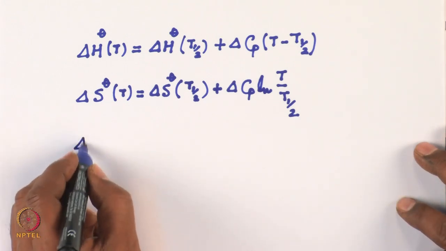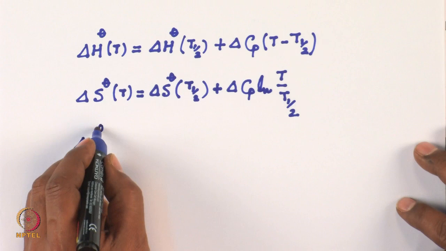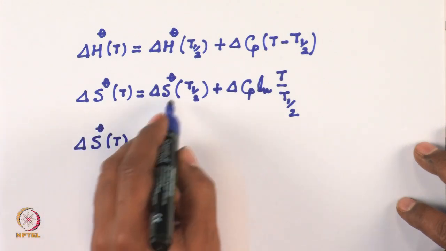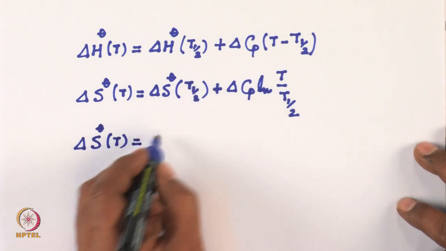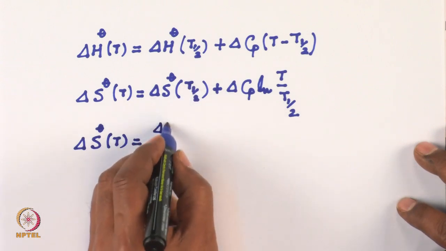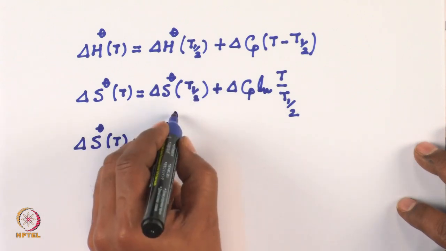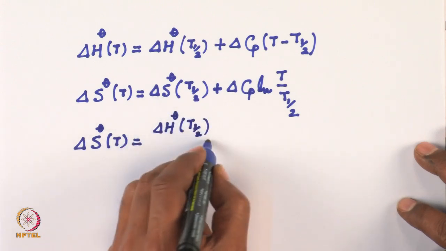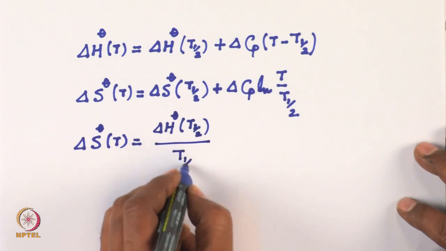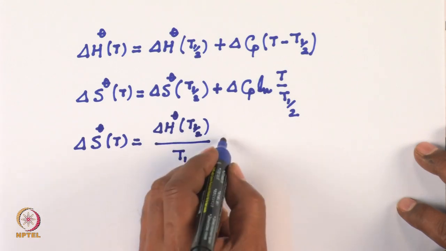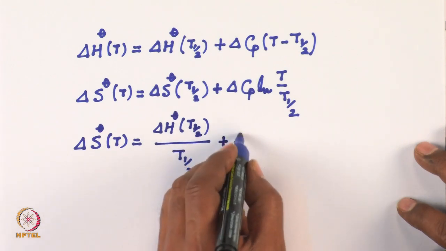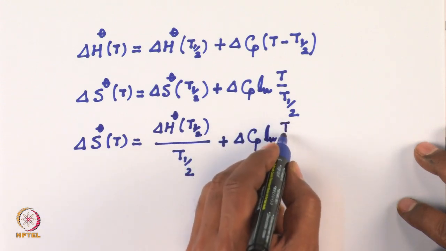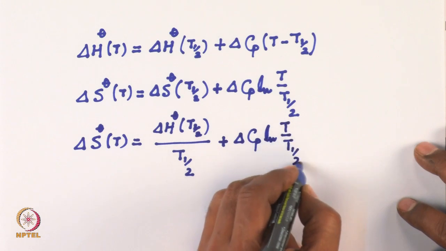I can further write delta S naught at a general temperature T, instead of delta S naught at T half, as I just derived, delta S naught at T half is equal to delta H naught at T half divided by T half, plus delta Cp log T by T half.